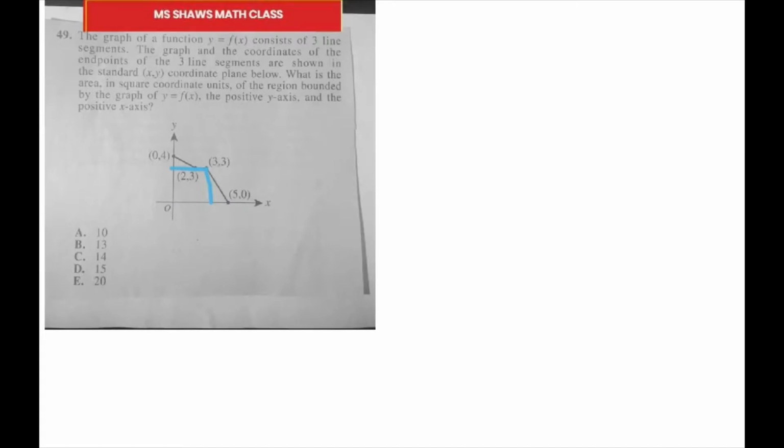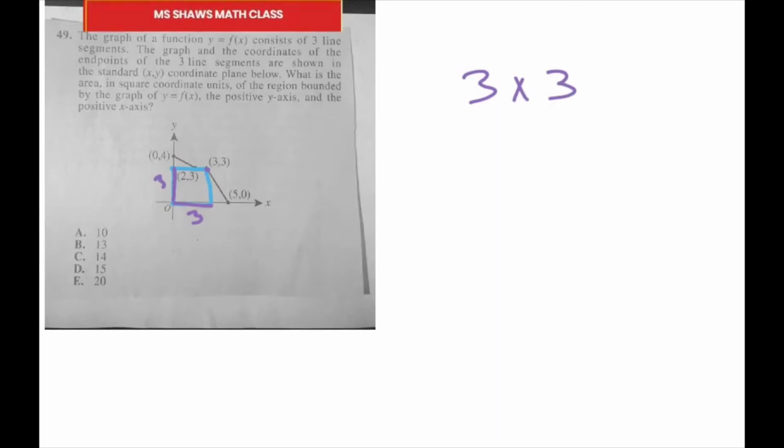So I know the length of this part here is 3. You look down, x is 3, length of 3, and we went up by 3, because this point's 3, 3. So we have 3 by 3.